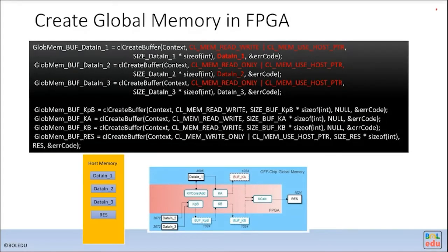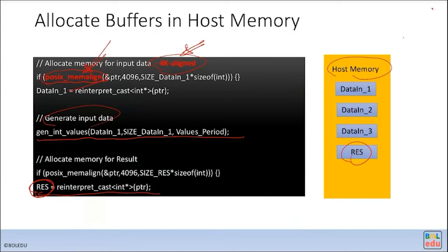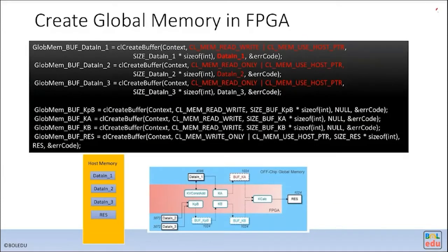And next step, we create the global memory in the FPGA. Here we have 7 buffers in global memory, and for each buffer in global memory, you have to identify its attribute. Remember the data 1, 2, 3.